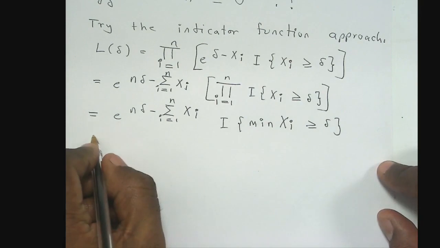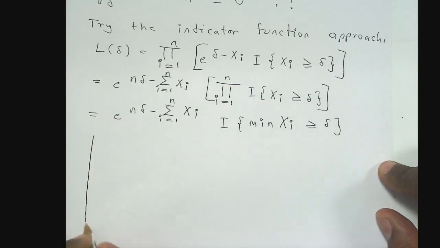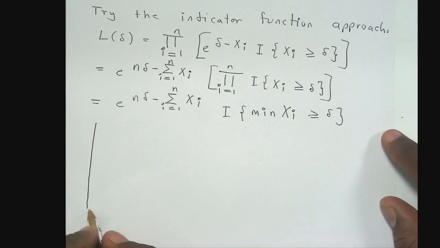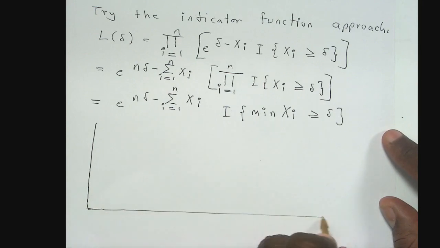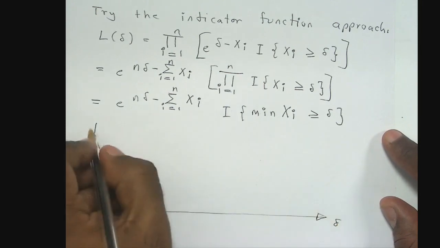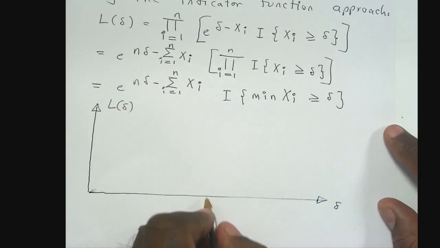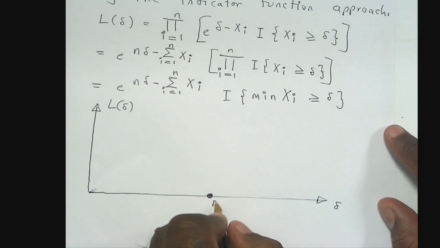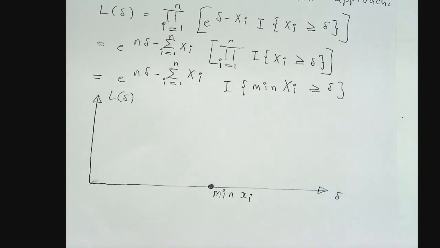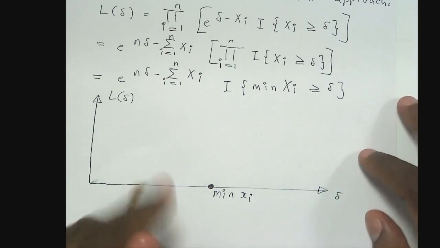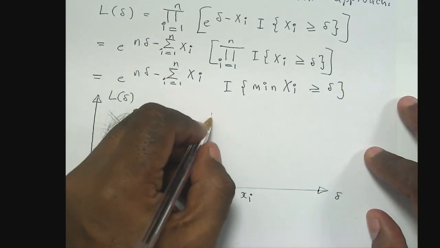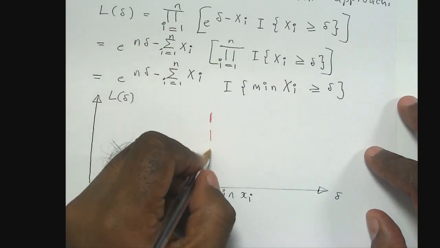Alright, the next thing to do, guys, is to plot. This is where your skills in calculus come in. So I'm going to plot L of delta versus delta. Now suppose this corresponds to the min of xi. How do you think the graph will look, guys?